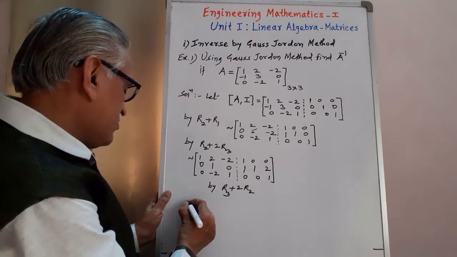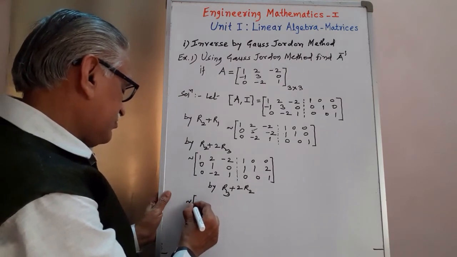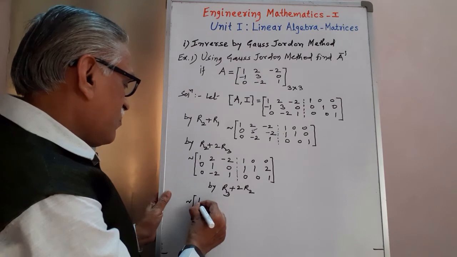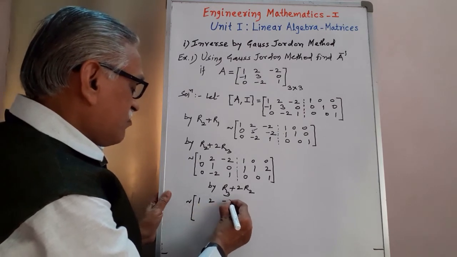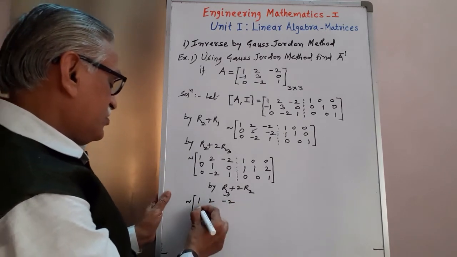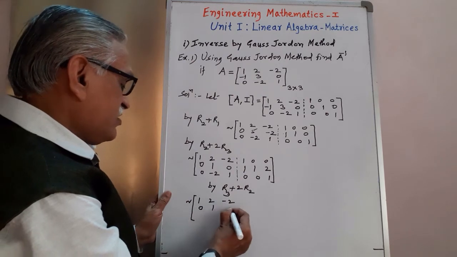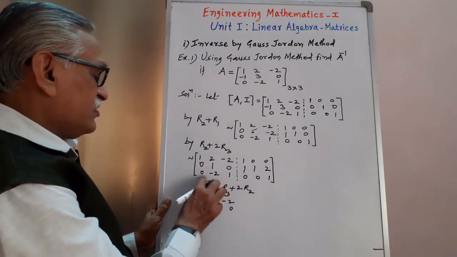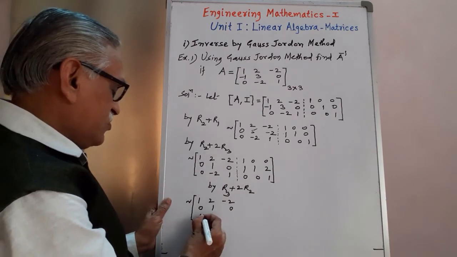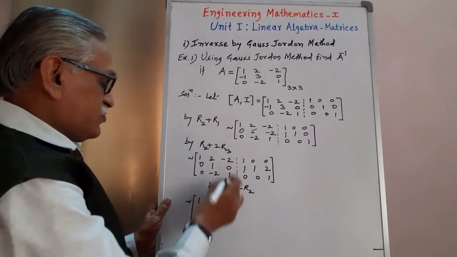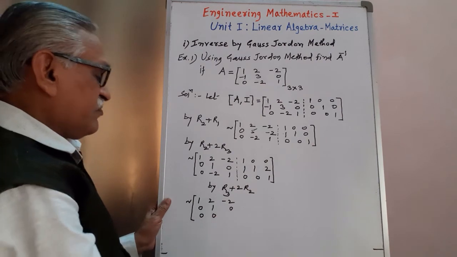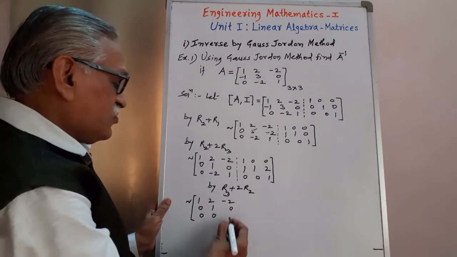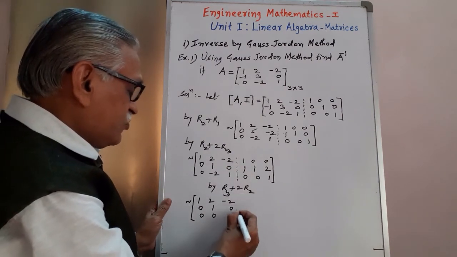By applying this, we get 1, 2, minus 2, no change, 0, 1, 0, no change. Then 0 plus 2 times 0, we get 0. Minus 2 plus 2, we get 0. 1 plus 2 times 0, we get 1, no change.